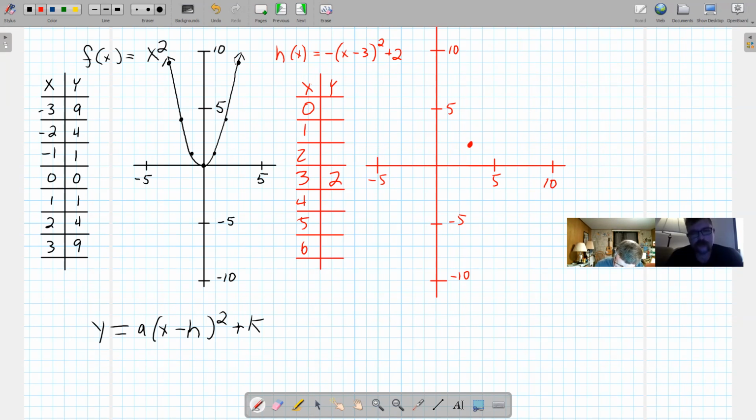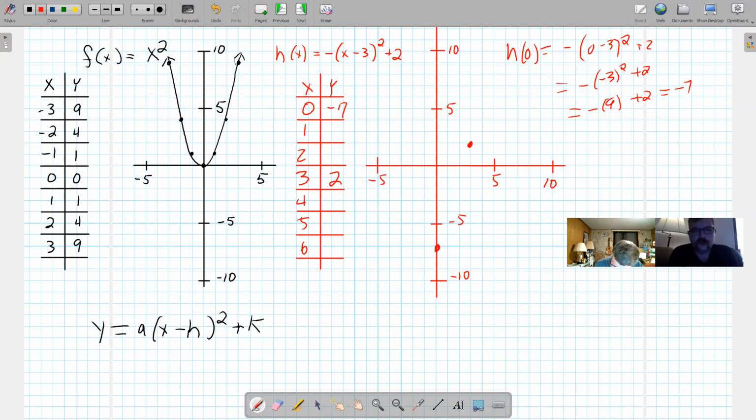If x is 0, h of 0 equals -0 minus 3 squared plus 2, which is -3 squared plus 2, which is -9 plus 2, which is -7. 0, -7.